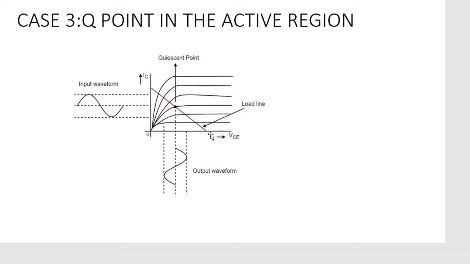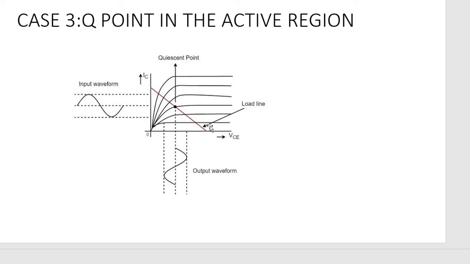So if we are applying a VCC of 10 volt, the VCE value must be VCC divided by 2, or should be 5 volt. Okay, only then the Q point will be midway between the saturation and cutoff points. So this is very important.